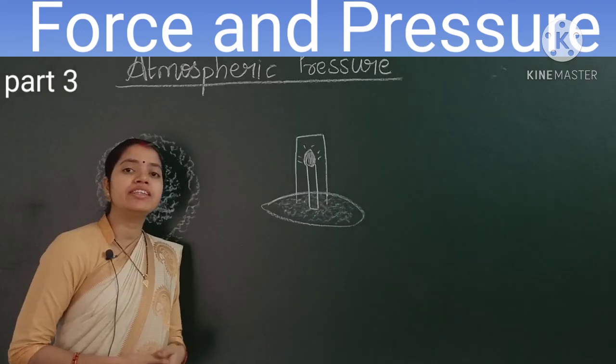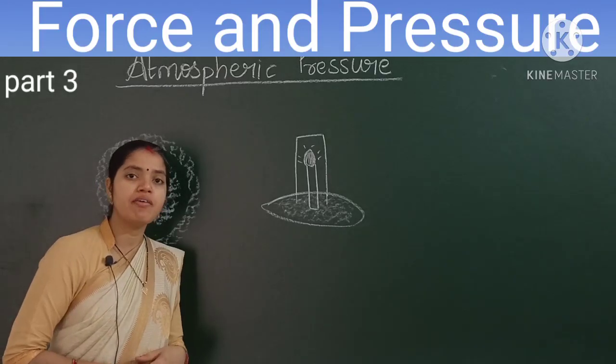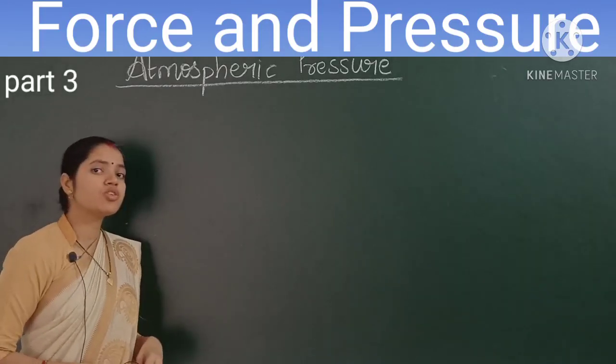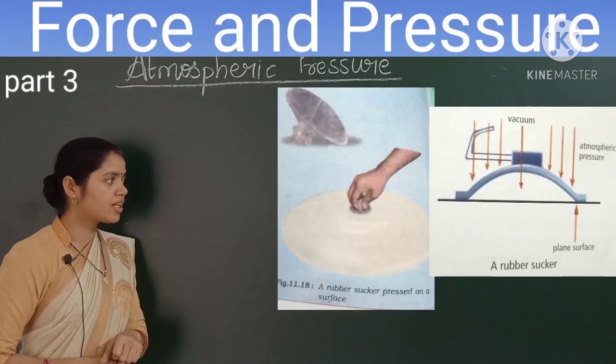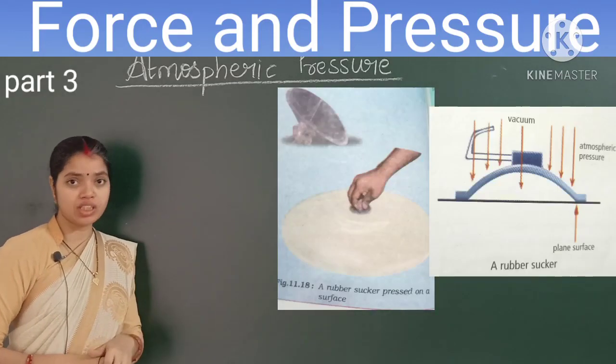Understood students? Let's see one more example of atmospheric pressure, and that is the rubber sucker. See, this is the figure of a rubber sucker. Here the rubber sucker gets stuck to the surface of the earth.